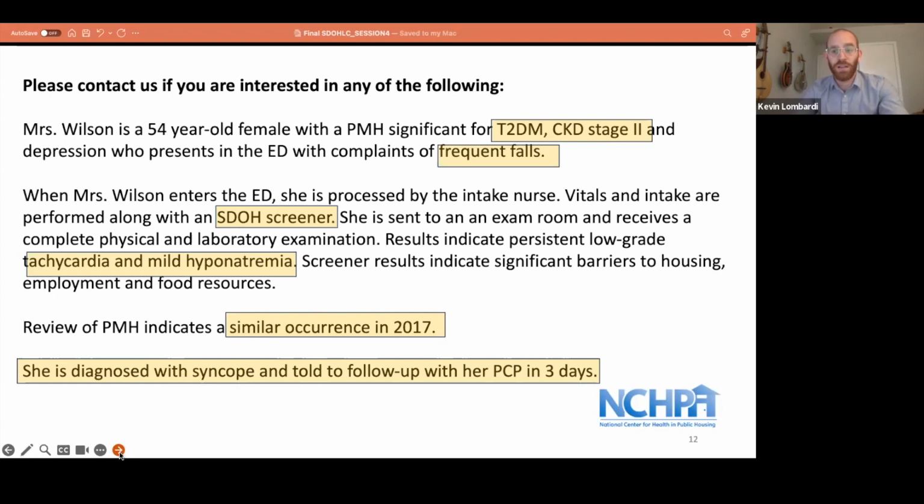What's clear there is there's lack of an organized framework to discuss it, and there's lack of an organized framework to input the data, analyze, and use the data. In circumstances like this, where an SDOH screener is done on 3 different occasions in a single patient, well, it's likely that each individual that did that screener had no inclination that other people had done a screener or were planning on doing a screener.